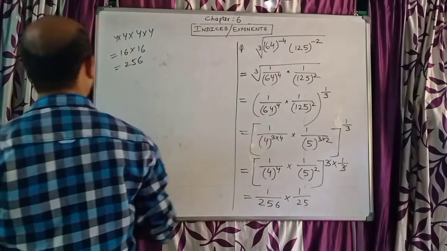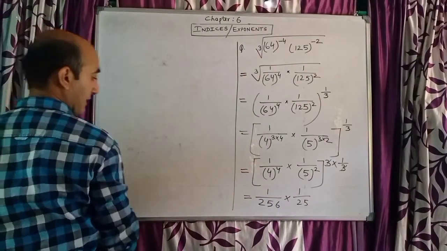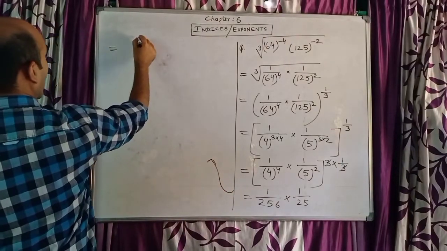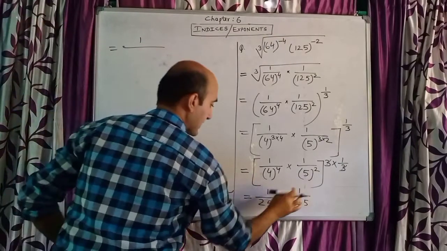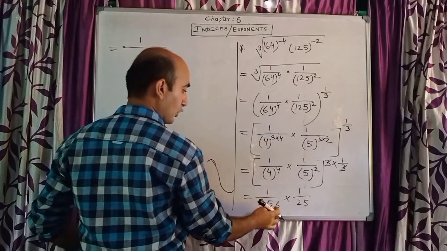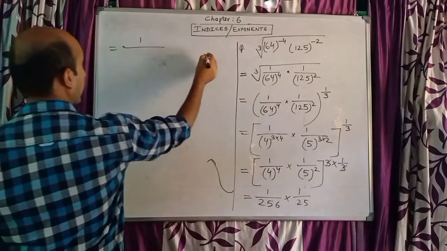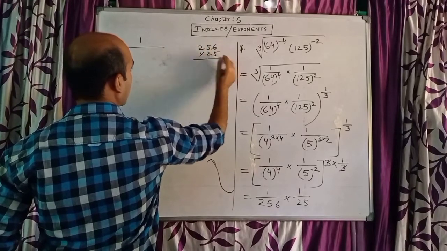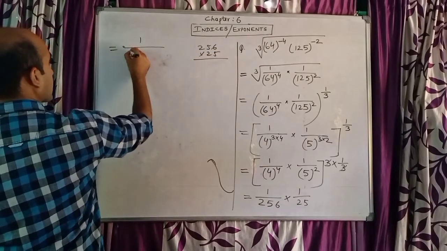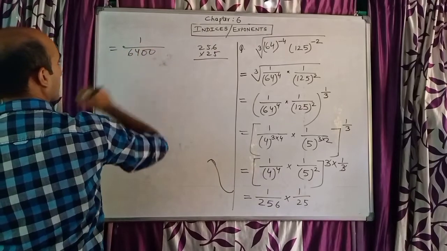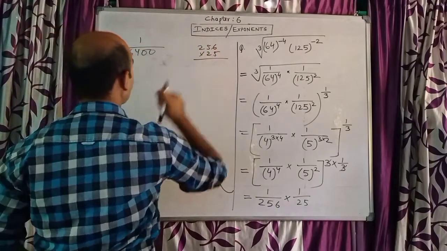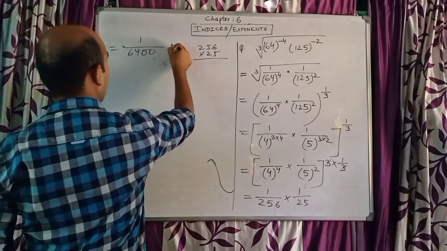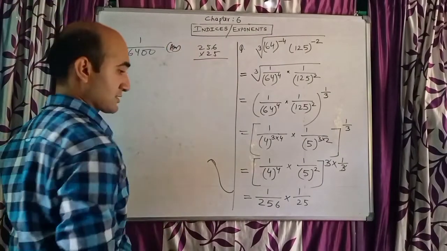So now my result will be 1 by, 1 1s are 1, and 256 and 25 you multiply in the rough, and your answer will be 6400. You multiply this in the rough, your result is 6400. This is our final answer.